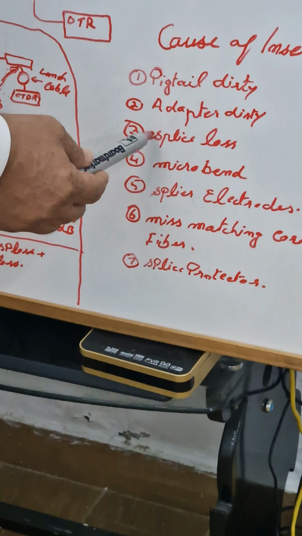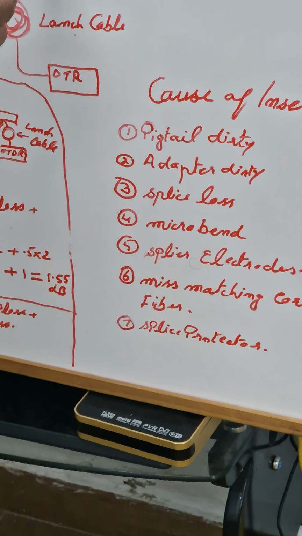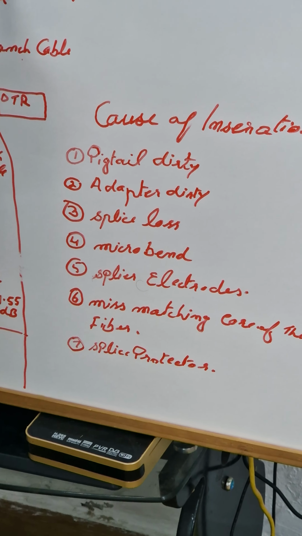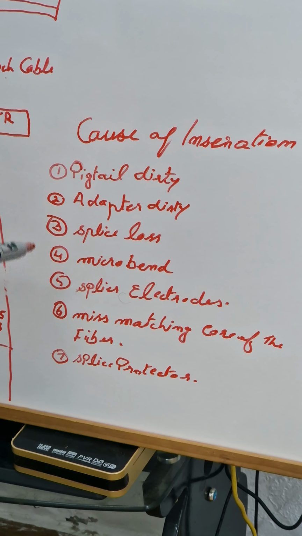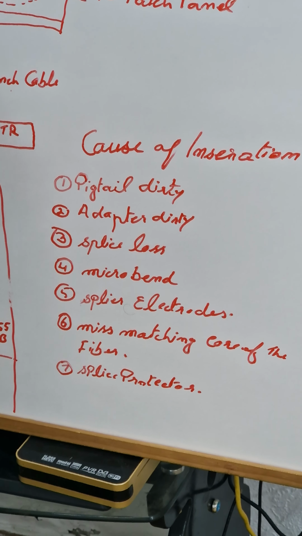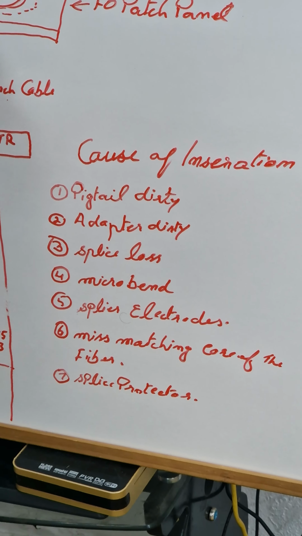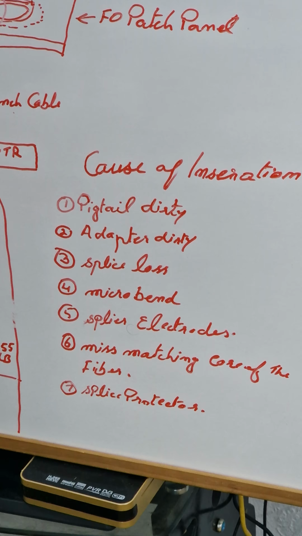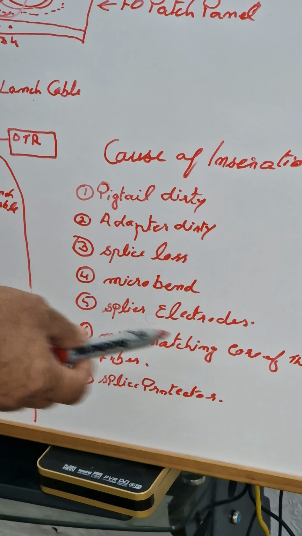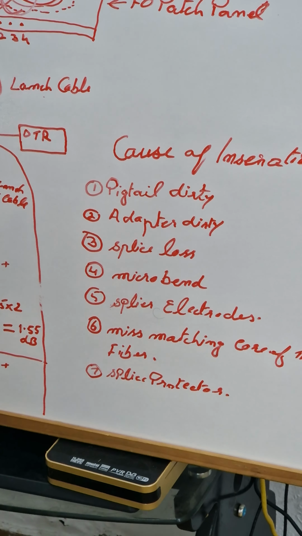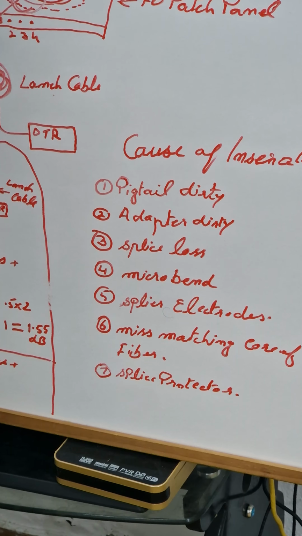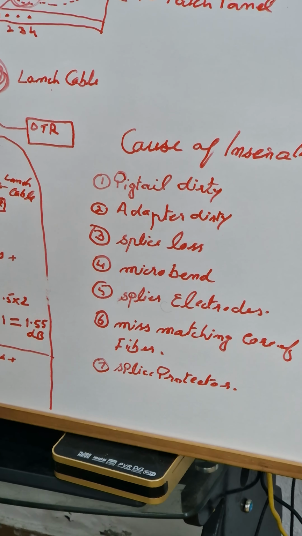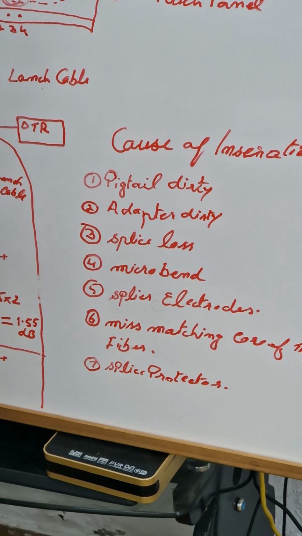Then this is splice loss: if you have not done the splicing properly here, the fiber is not properly cut, or the electrodes are not good enough, then it can cause loss. Then it causes mismatching of the fiber. Sometimes the fiber is 9/125, even the pigtail is 9/125, both are single mode.